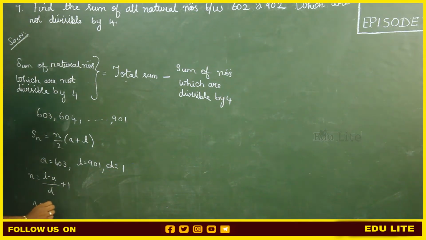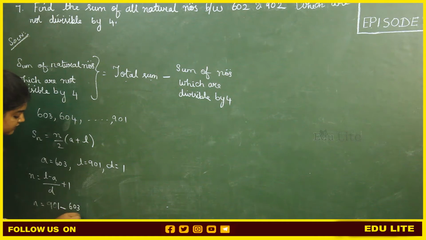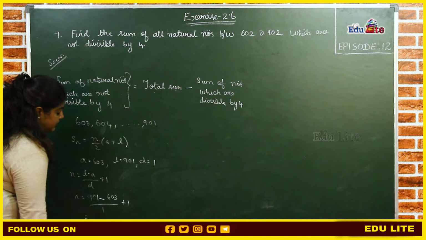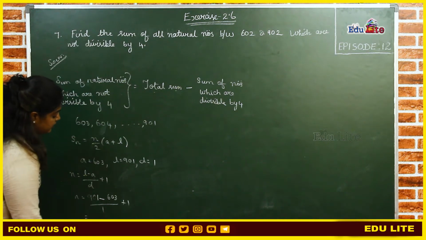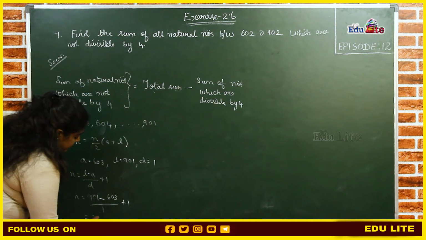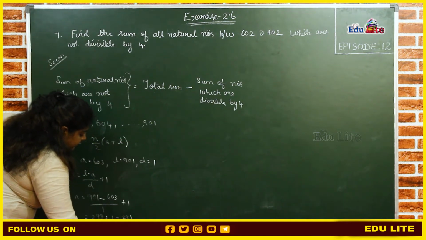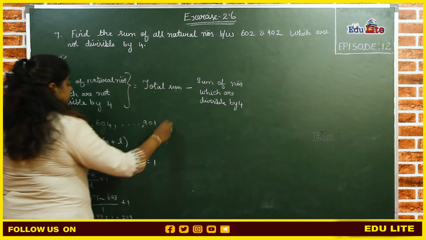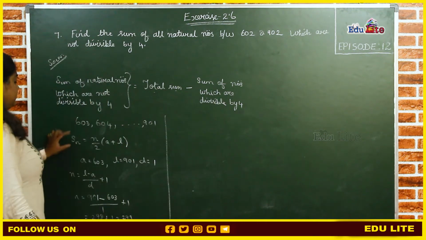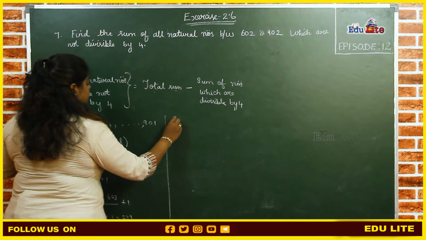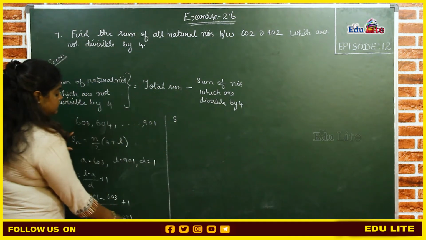So, n equals L value 901 minus A value 603, divided by D value 1, plus 1. 901 minus 603 gives 298, plus 1, which is 299. Now we will find the value of Sn. n value is 299.